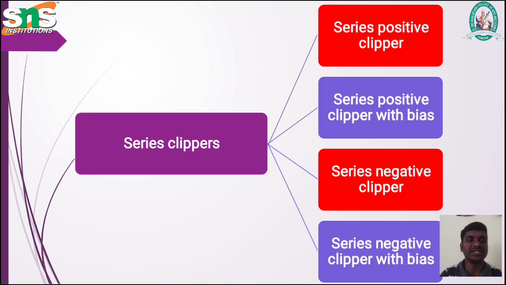First, series clippers are classified into four different types: series positive clipper, series positive clipper with bias, series negative clipper, and series negative clipper with bias. So these are the four types of series clipper circuits.